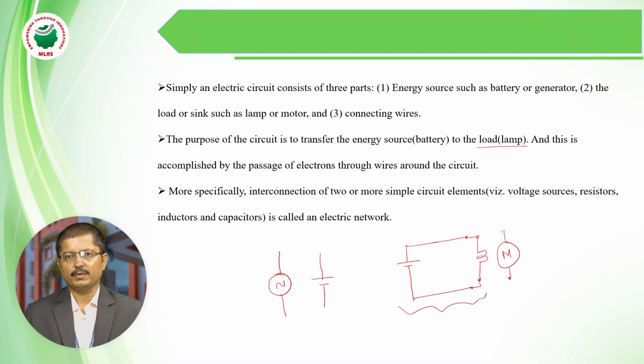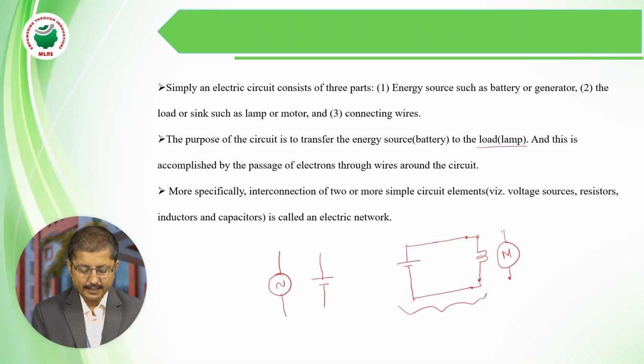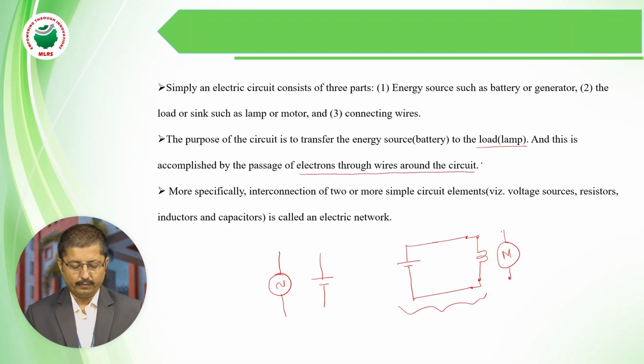That is the main purpose of a circuit. This is accomplished by the passage of electrons through the wire around the circuit. Without these electrons, the energy is not transferred. With the help of the battery, the energy is transferred to the lamp or load.